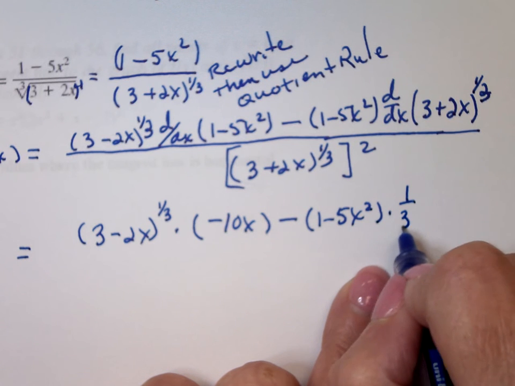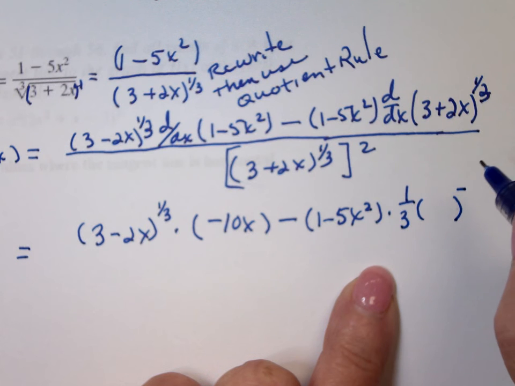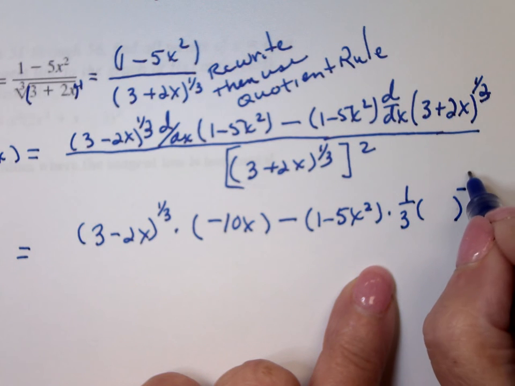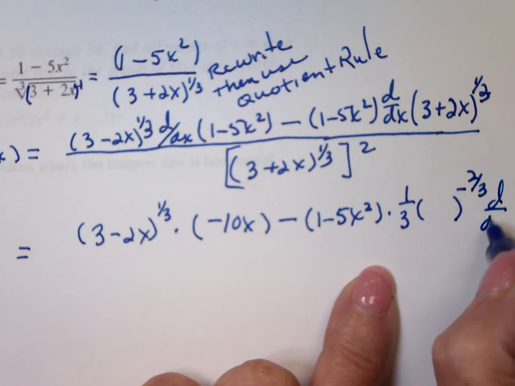So 1/3 times the blob to the negative, take 3 minus 3 over 3 away, so that's minus 2 over 3, times the derivative of the inside.